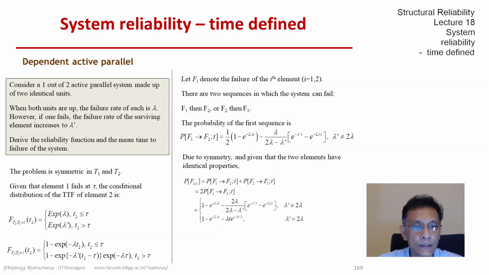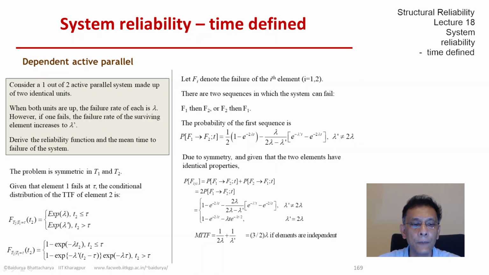And then let's find the second task that we were given, the mean time to failure of the system, and we can do the integration, the area under the reliability curve. So 1 minus P F sys is R sys, so we integrate that, and the MTTF comes to 1 by twice lambda plus 1 by lambda prime.